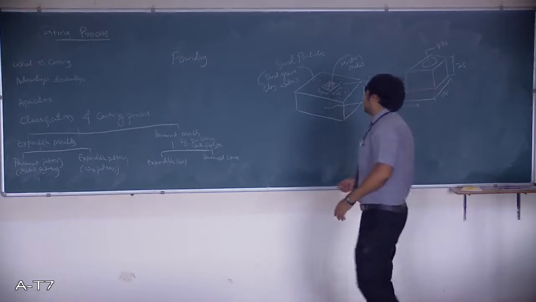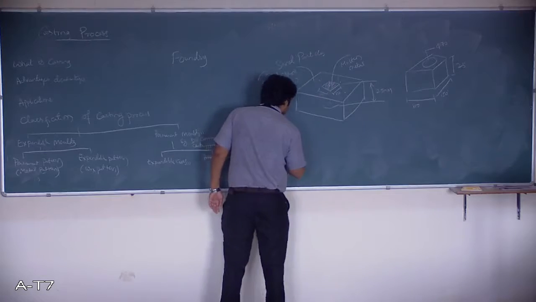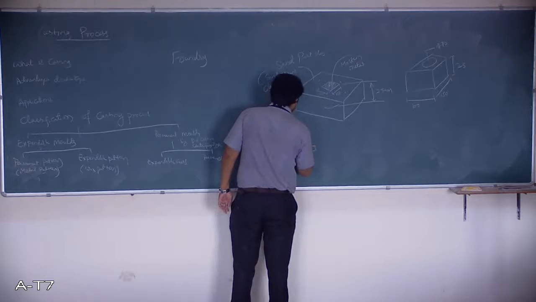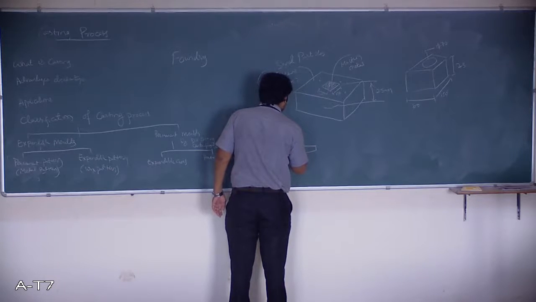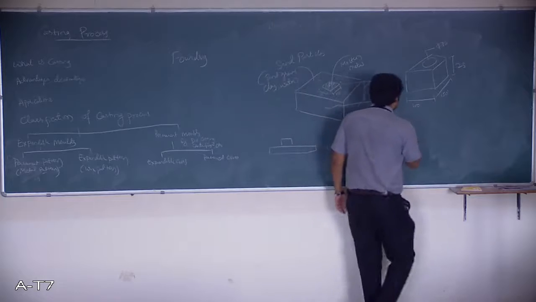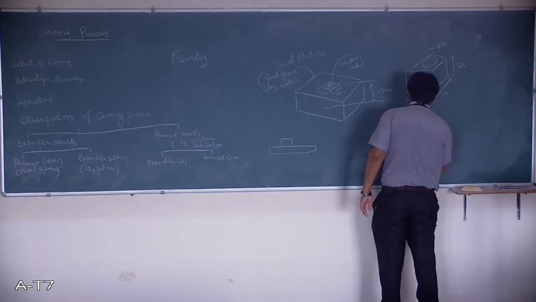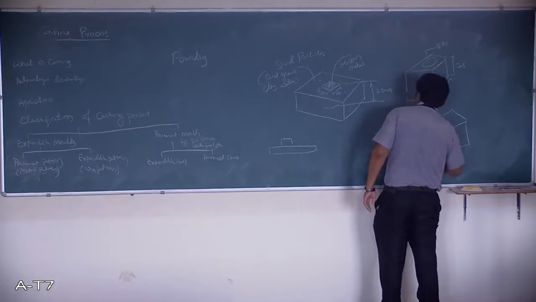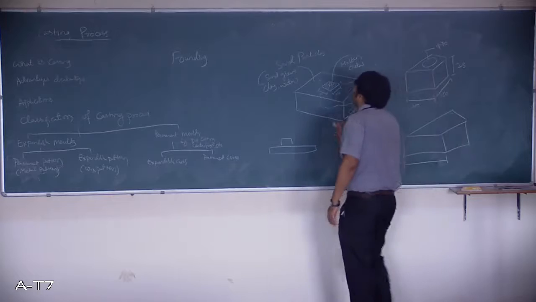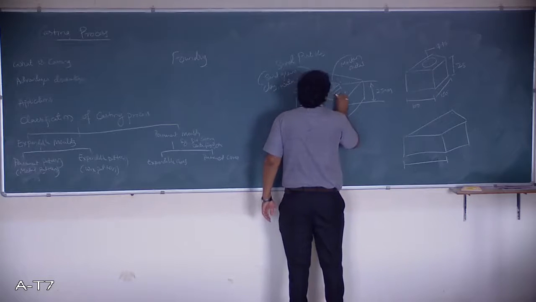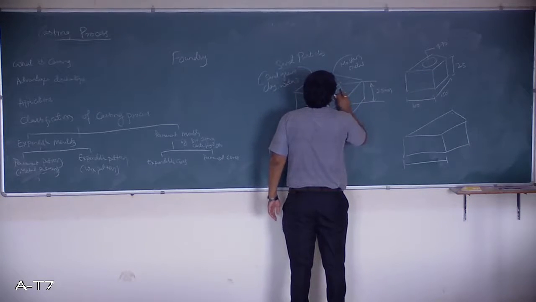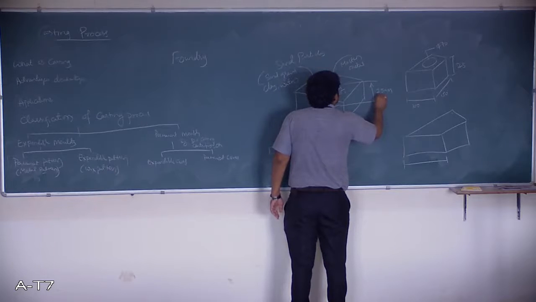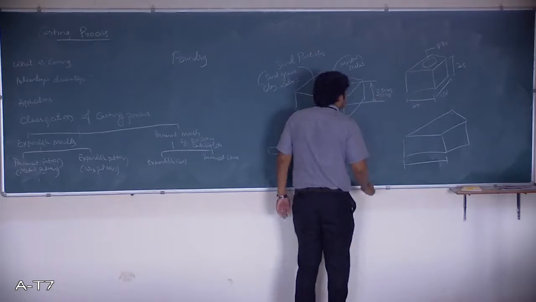In this simple example, if this is a bench, then first I am going to keep the pattern on this. This is the front view. So you can see the dimensions of the pattern. I require the dimensions here as say 110 by 165 by 28 mm.